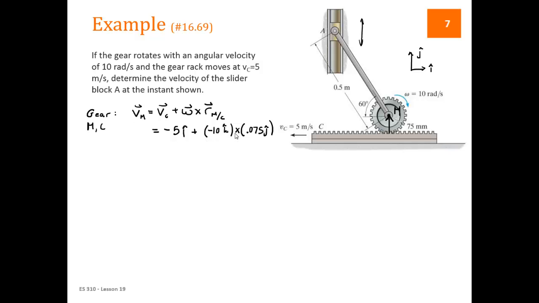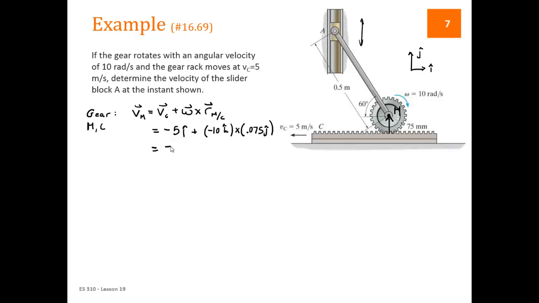So the way I did that was I used my right hand rule, put my fingers along the negative K direction, so point my fingers into the page, bend my fingers to the positive J direction, so up, and my thumb points in the direction of the cross product, which is to the right, so the positive I hat.